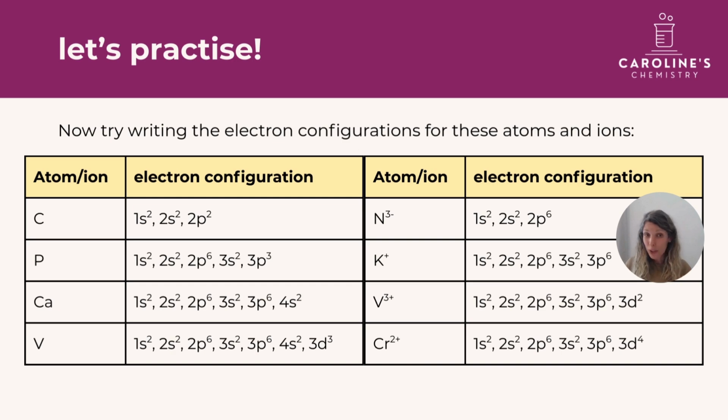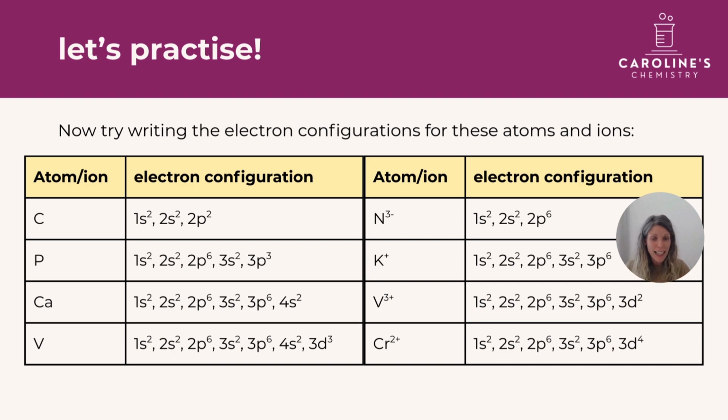And then finally, chromium. Now, hopefully you spotted that chromium is one of our exceptions. So it doesn't have that typical expected structure that you could read off the periodic table. Let's map that out as an atom and then look at how we come to an ion. So we have 1s2, 2s2, 2p6, 3s2, 3p6, and then we have 4s1, 3d5 as an atom.